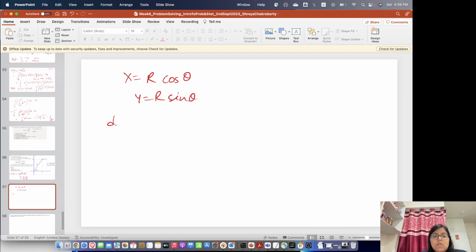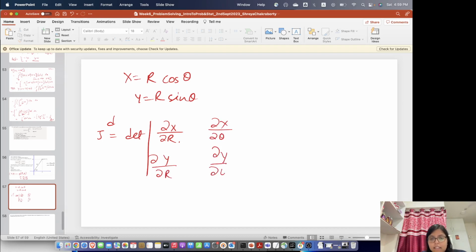Okay, so the Jacobian is given by the determinant of del x del r, del x del theta, del y del r, del y del theta. So the Jacobian is del old by del new.